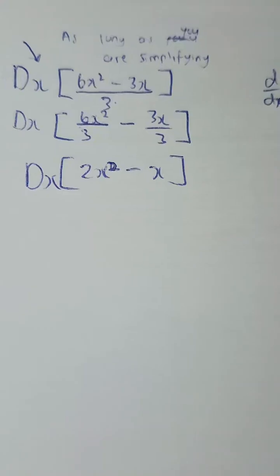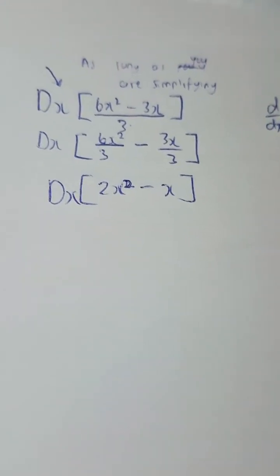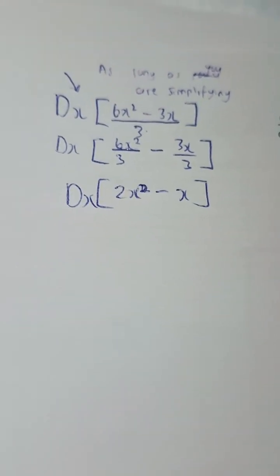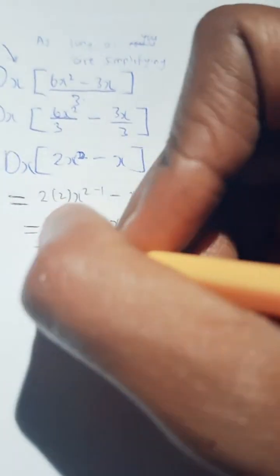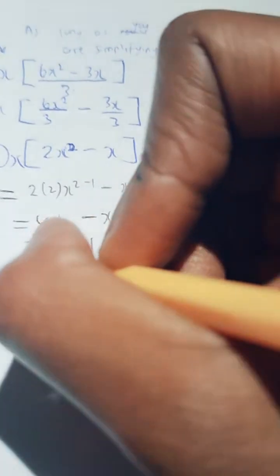So again, dx is not going anywhere. Now we do have two separate terms, and we are ready to do what? To derive. So that means that dx now can fall away, and when it does, we go ahead and we derive. So our final answer is 4x minus x to the power 0, which is 4x minus 1.